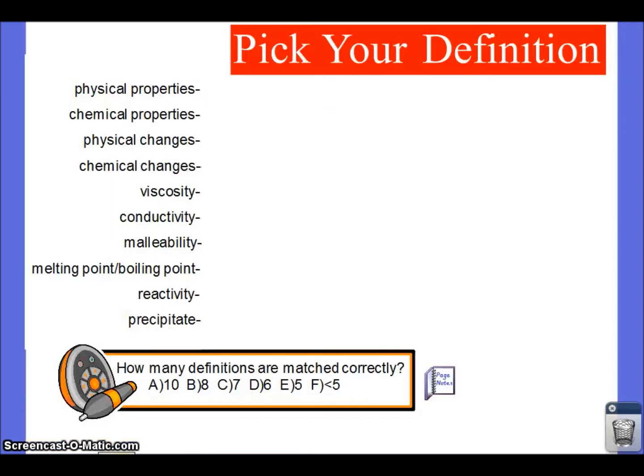Let's move on. Okay, let's pick up some definitions from that title and match them with the right term. Solid that separates from a liquid, we said precipitate. So I would advise you, after each definition that I pull, pause the video, try yourself without me to match it with the right term.